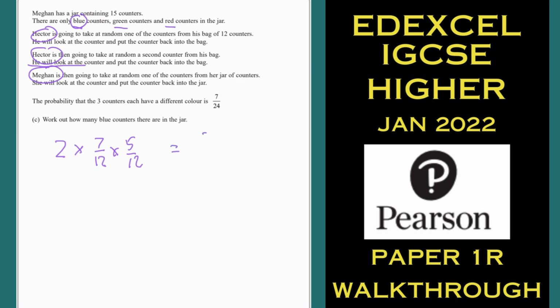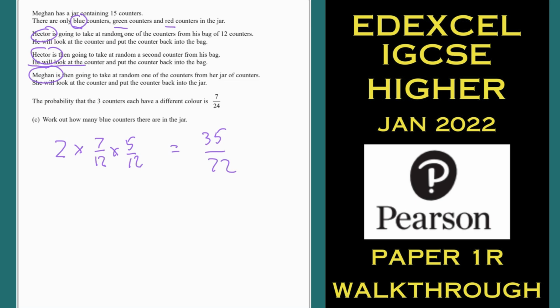So that spits out 35/72. So the idea is, in order for Megan to be different, she can't pick a green or a red because he's already accounted for them. It's all about she's got to pick blue. That's all we care about.